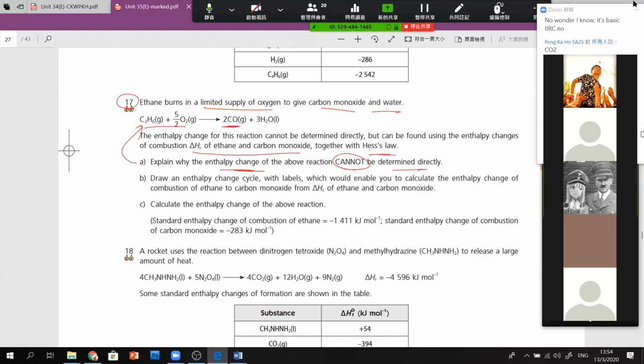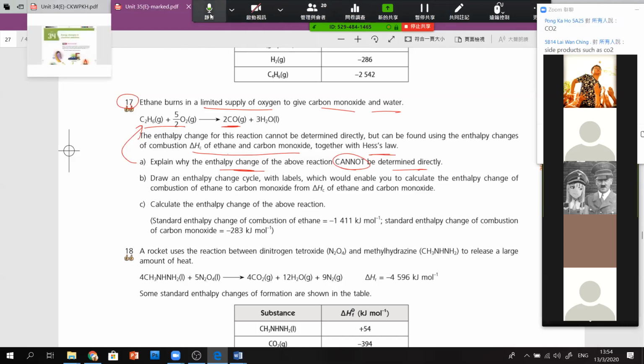The reaction may give out CO2. Yes, that's right. You also produce CO2 and also what? There may be some carbon soot produced, right? Unburned hydrocarbon, unburned carbon, etc.